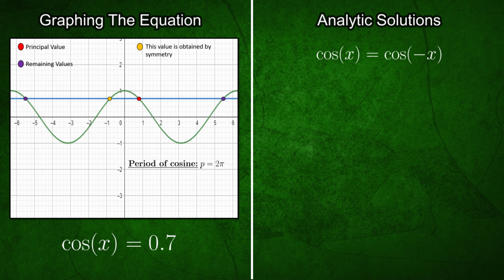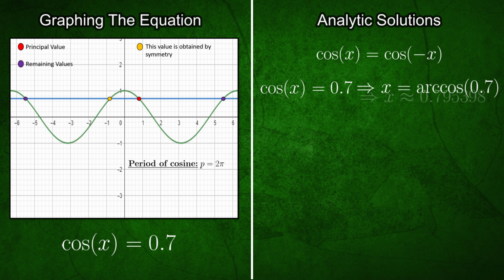So, if we want to find out when cosine of x is equal to 0.7, then the principal value will be x equals arc cosine of 0.7 if we apply the inverse of cosine to both sides of the equation. Thus, x is approximately 0.79539883.